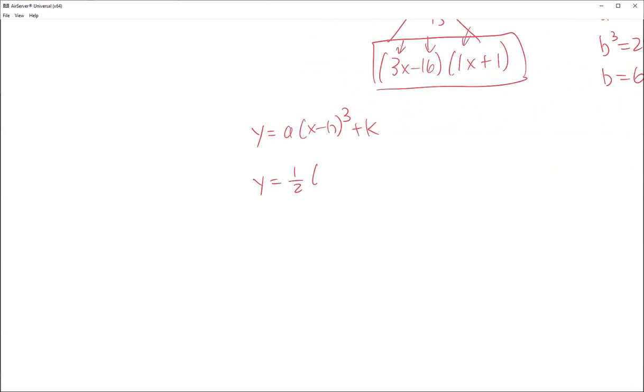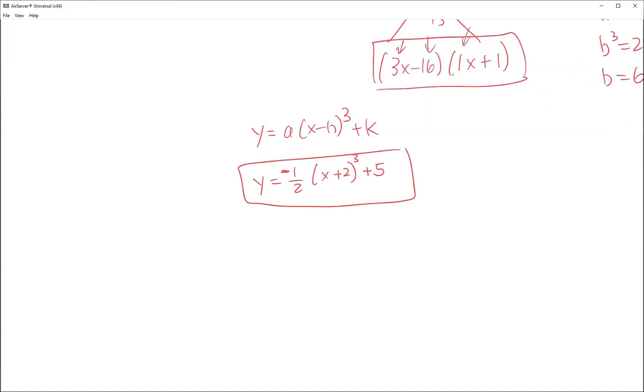You reflect off the x-axis, so you're going to put a negative sign in front, and then shift left 2, so it'll be x plus 2 because you're going to the left. You're taking the opposite sign, cubed plus 5. Be careful when it's horizontal. Remember that you're taking the reciprocal, and make sure it's inside of the parentheses.